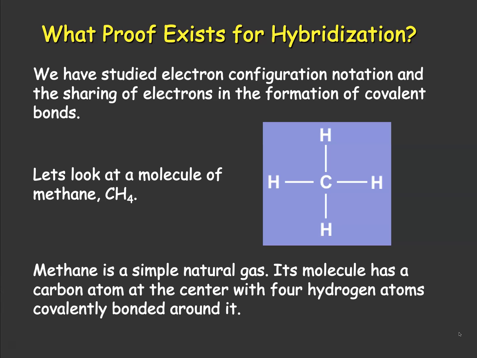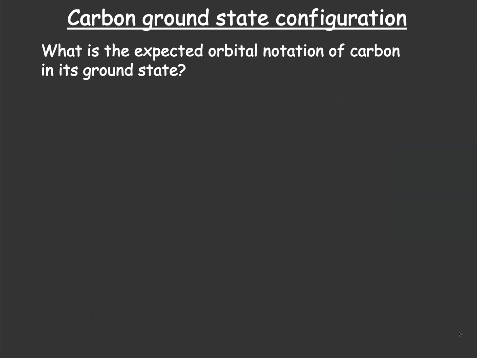It's a natural gas, and it's a very simple molecule to see what's going on. Now, interestingly, in our examinations of methane, we have found that all 4 of these bonds between carbon and hydrogen are identical in both bond length and bond energy. And that's going to play an important part as we go through this.